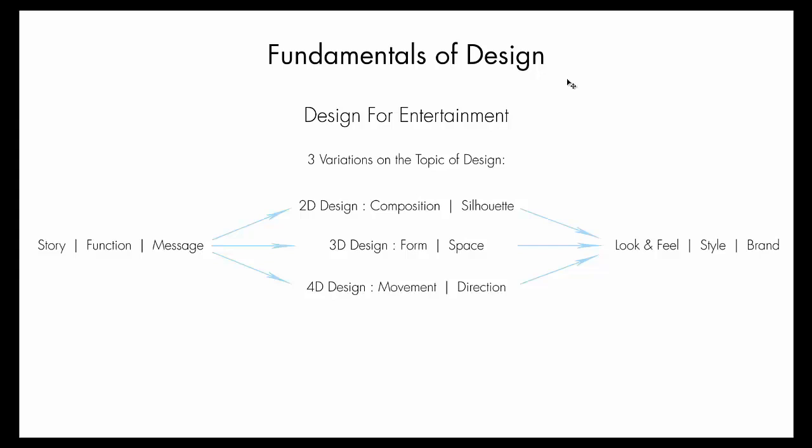So say you've got a painting of an environment with a vehicle in it. Our 2D design would be the arrangement of those elements on our page, where our car is placed, where the street sign and the road and the buildings are arranged on that page.